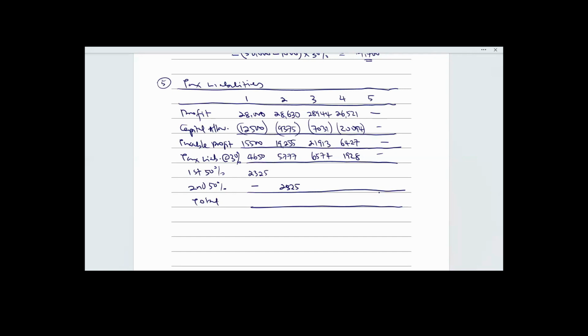Again, 0.5 multiplied by 5,777 equals 2,889. Here is 2,889. The balance of 2,888 will be paid in the third year. Again, 6,574 multiplied by 0.5 equals 3,287. The balance of 3,287 will be paid in the fourth year.